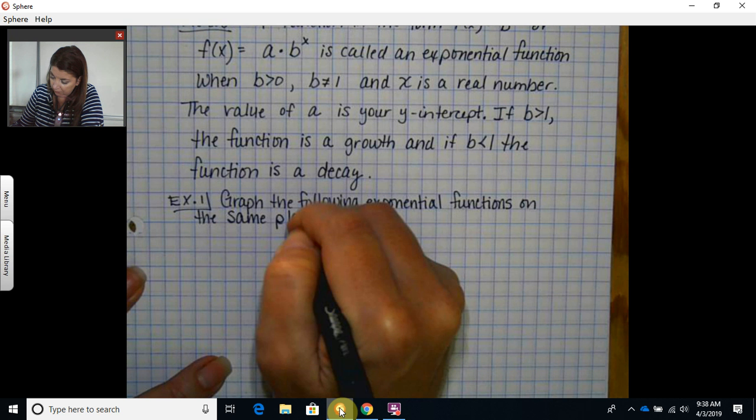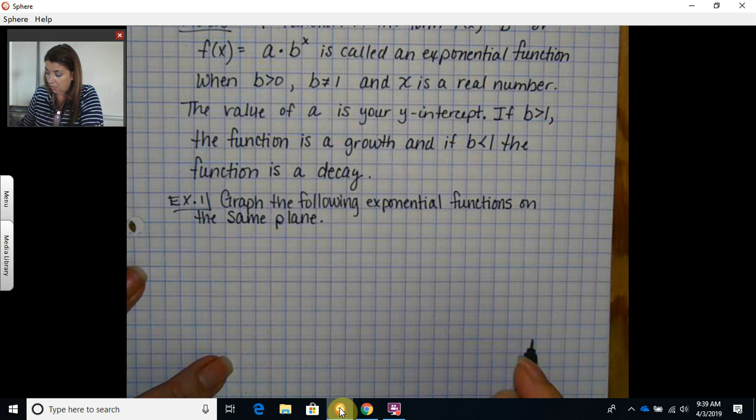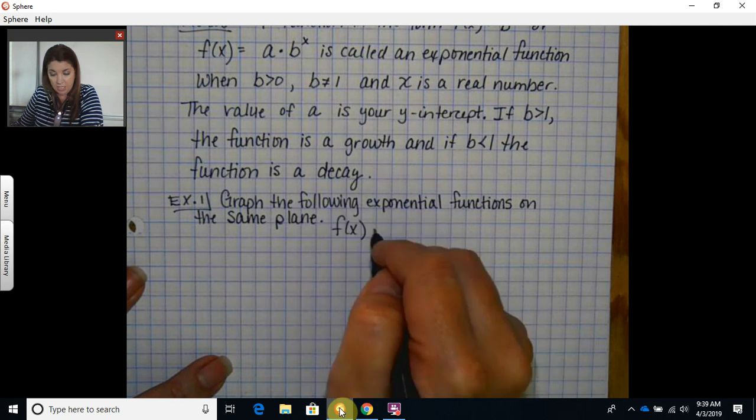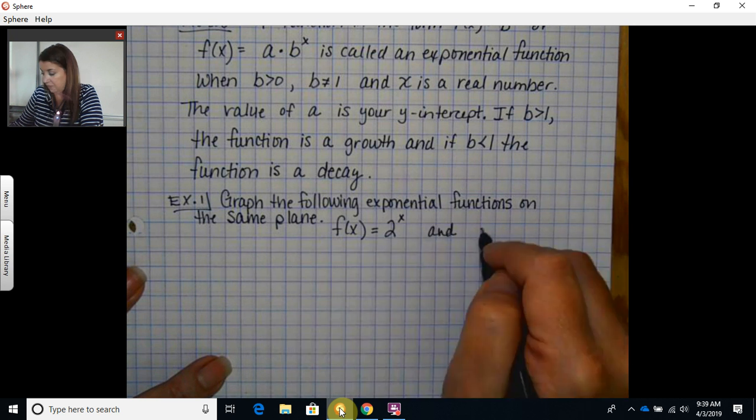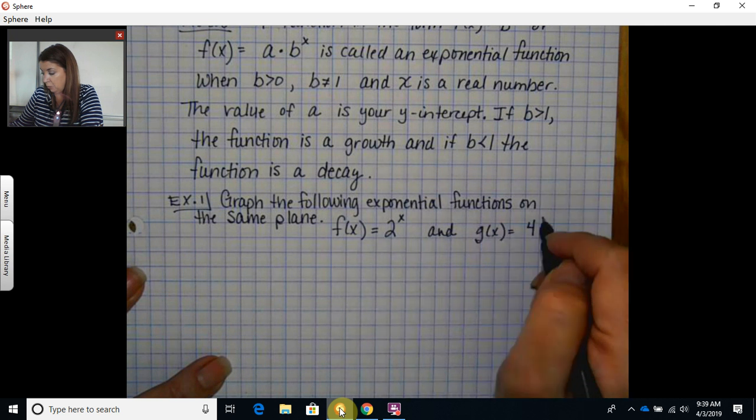Means we're going to put them both on the same graph, not two separate graphs, okay? So we have f of x equals 2 raised to the x, and we have g of x equals 4 raised to the x.